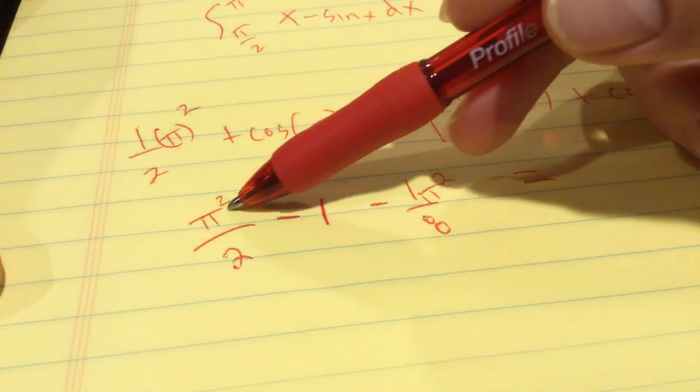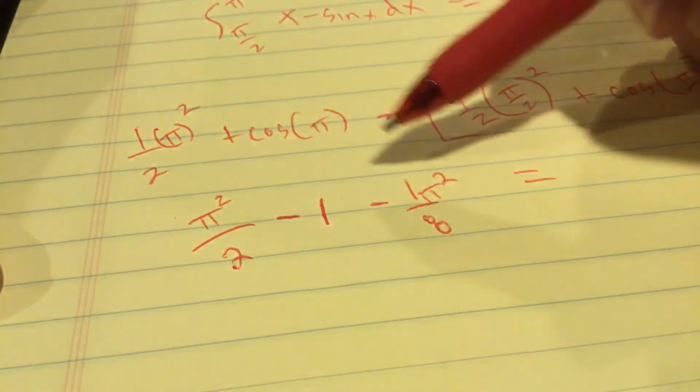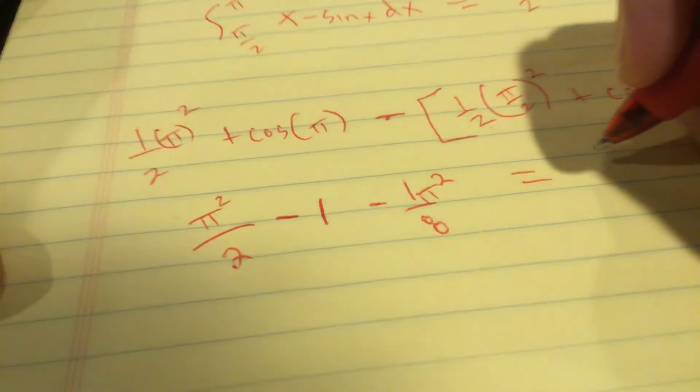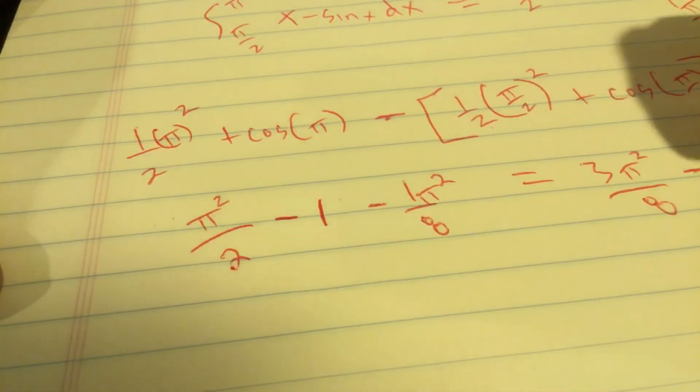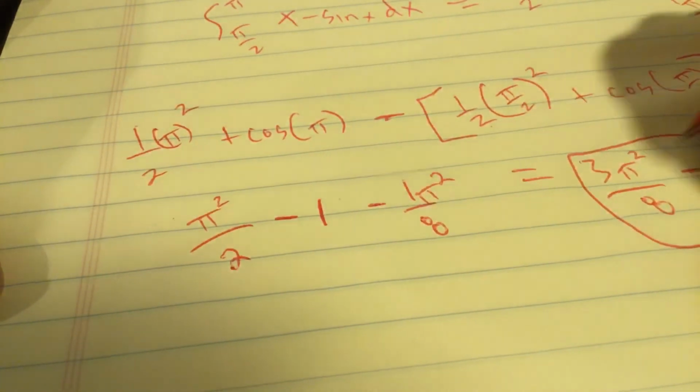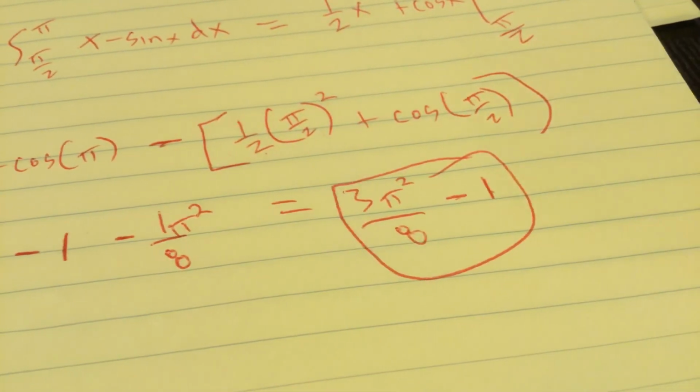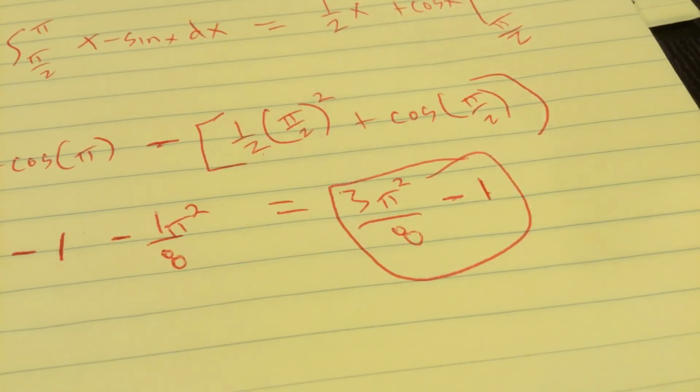So what do you got? This is going to be 4 pi squared over 8 minus 1 of the pi squareds over 8 would be 3 pi squared over 8 minus 1. Hopefully I didn't make another mistake. If not, please email me. And that is what you would get there.